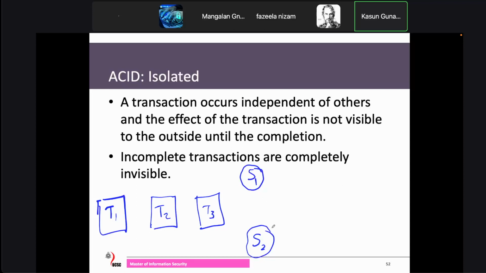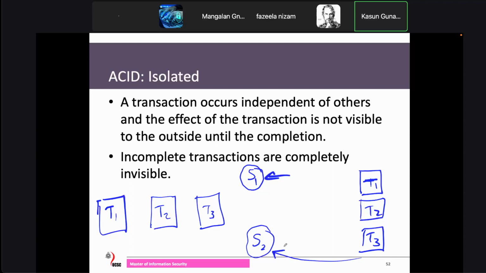This should be the same state as if you executed T1, T2, T3 sequentially, one after the other, right? If you run these three sequentially from this state, it should come to the same state.